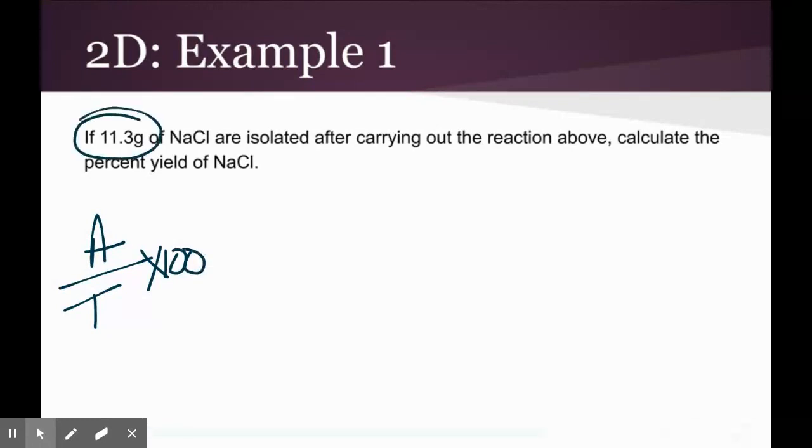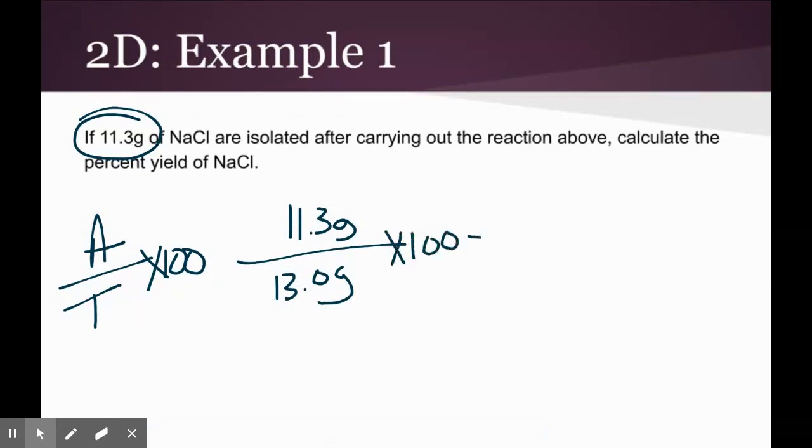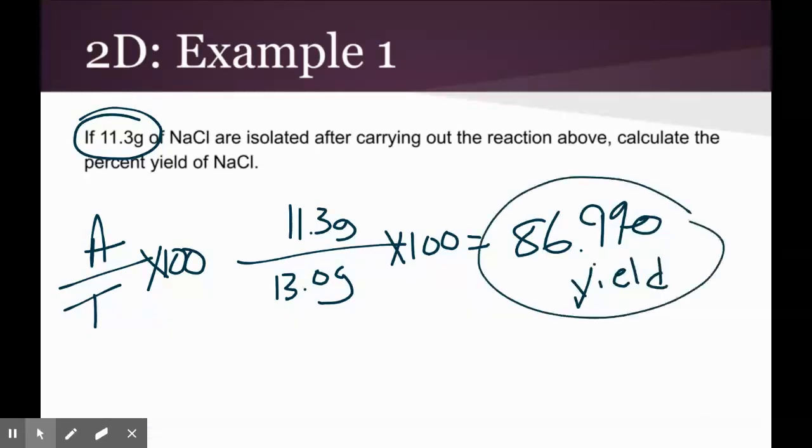So this 11.3 grams of NaCl, that's the actual yield that was found by doing this experiment in the lab. So you're going to do 11.3 grams divided by the 13.0 grams that we calculated as the theoretical yield in the previous problem times 100, and that will give us 86.9% yield. And that is your answer.